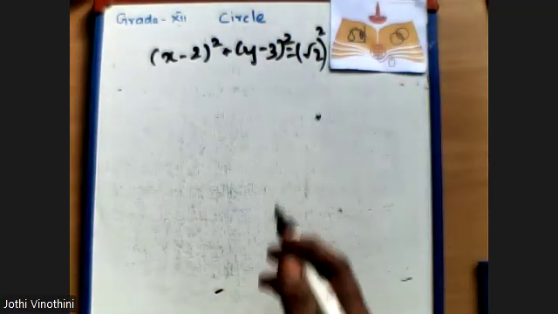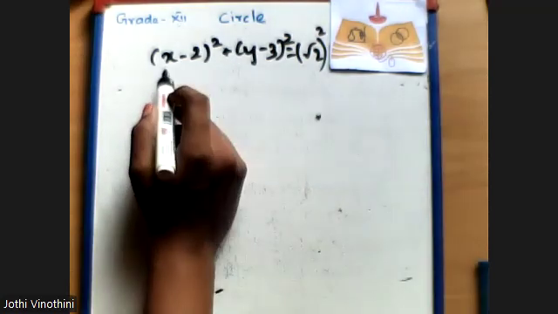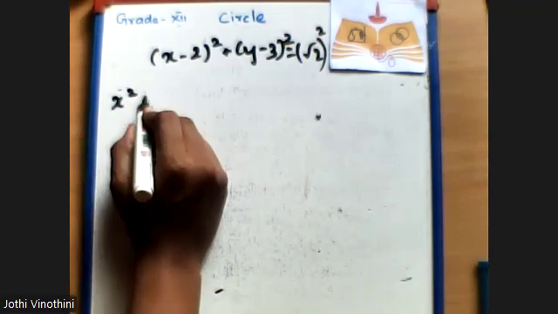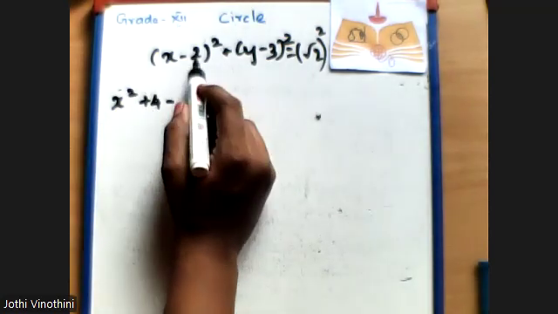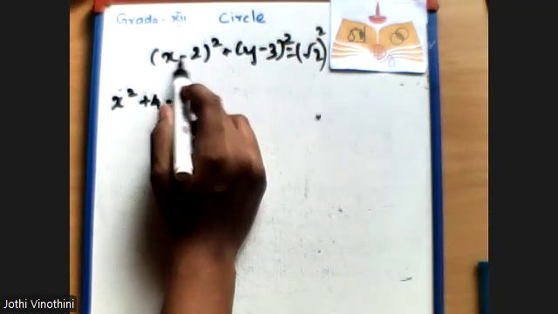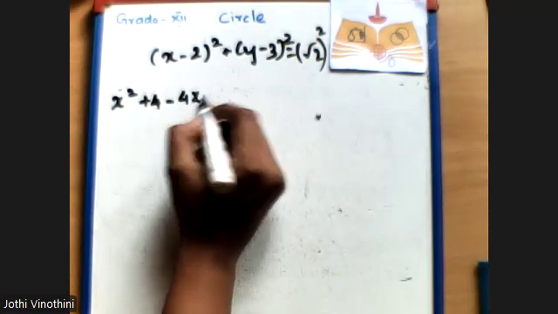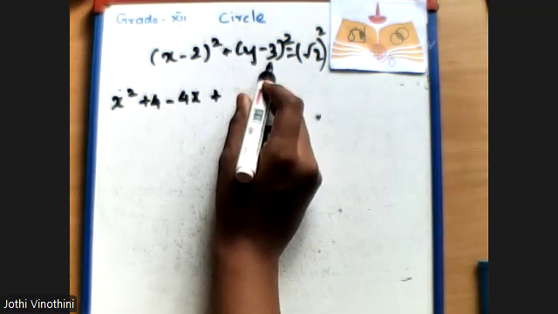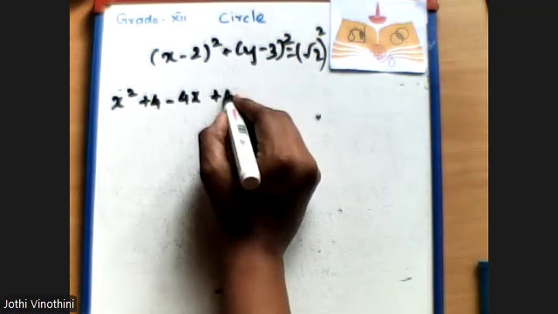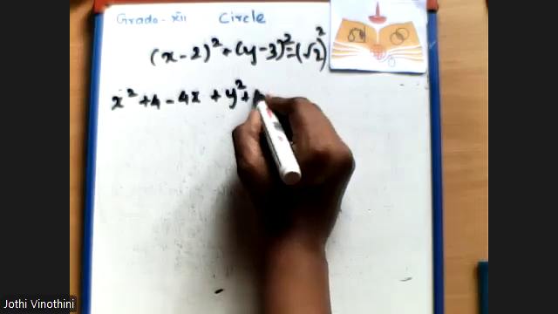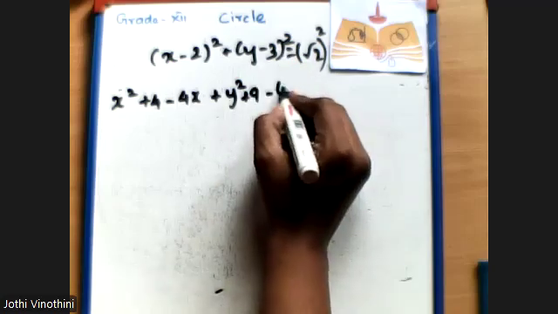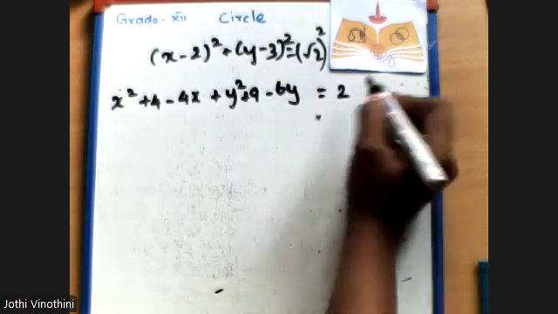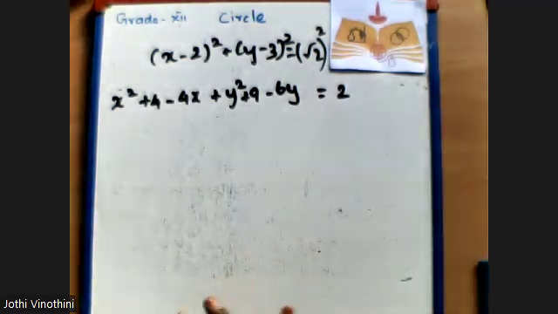Super, right? Shall we solve this? It is in the format of a minus b the whole square, so a squared plus b squared minus 2ab, right? So x squared plus 4 minus 4x, plus, again in the format of a minus b the whole square, y squared plus 9 minus 6y, equals root 2 the whole square, which equals 2. Okay.